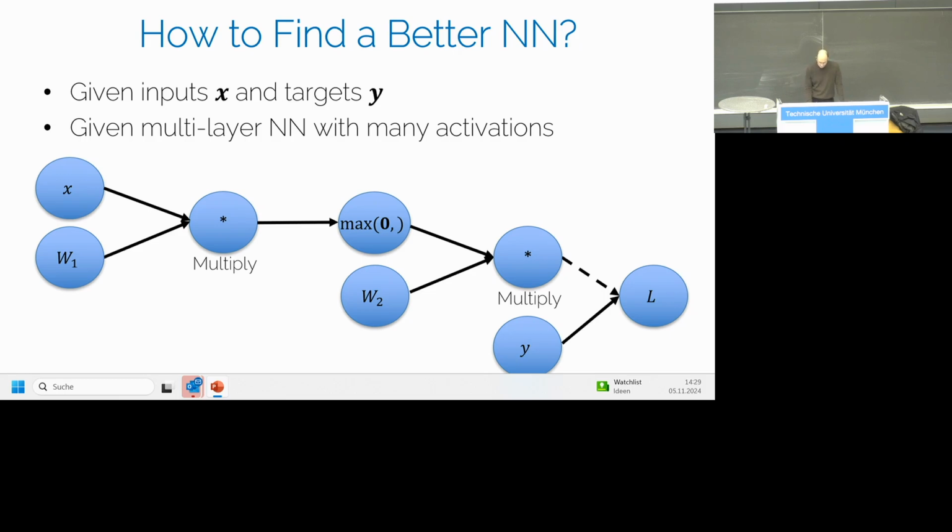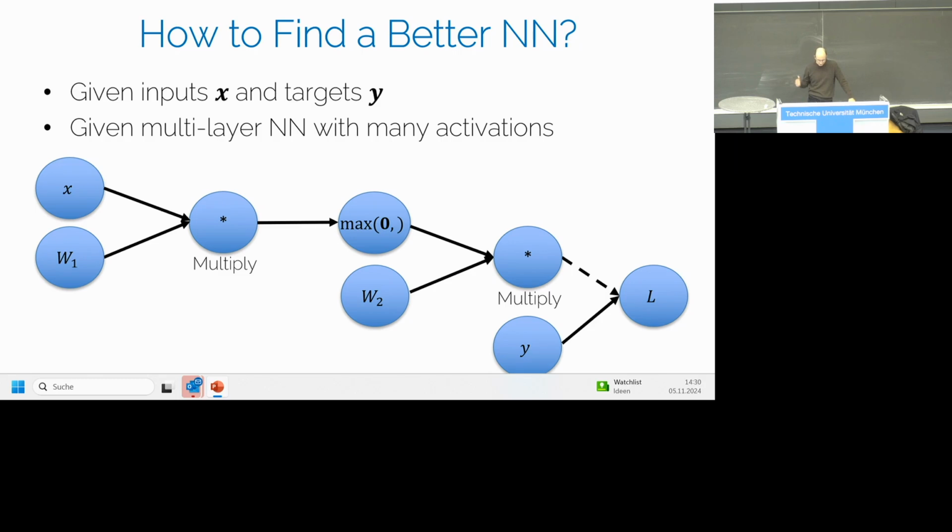And then there is a dashed line you see in this graph. This dash signifies that in principle you could have multiple layers stacked in the same way. So you could stack them all and ultimately then have the loss measuring discrepancy to the ground truth.